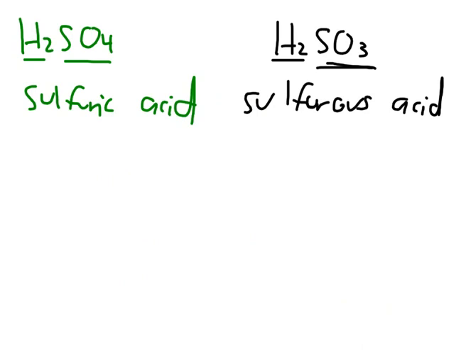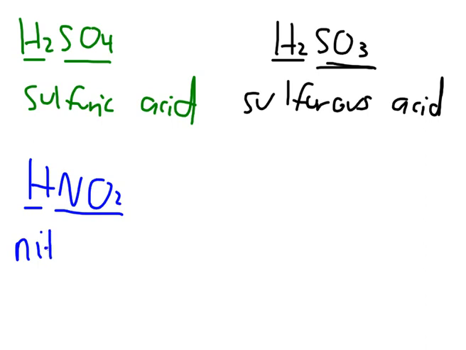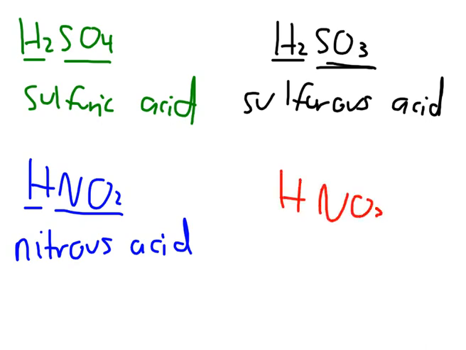Another couple examples. If I had HNO2, well, normally we would have named that as hydrogen nitrite. So since it ends in ite, this would be nitrous acid. One more. I bet you can probably guess what I'm going to do. If it's HNO3, this would be... That doesn't look like a very good 3, does it?